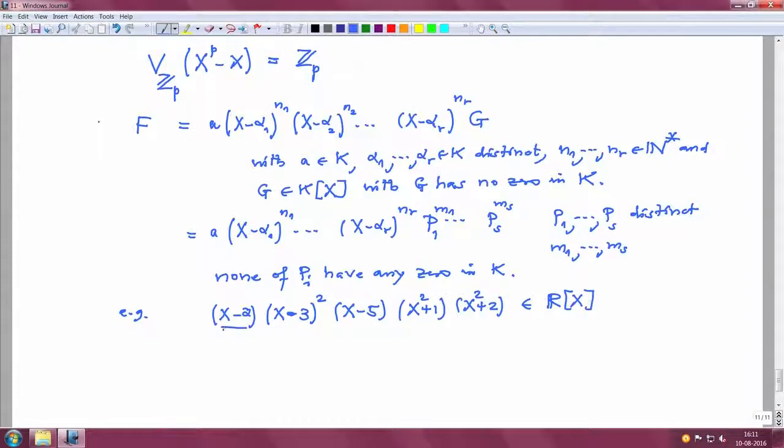These factors correspond to the zeros 2, 3, 5. The multiplicity of the 0 at 2 is 1, the multiplicity of the 0 at 3 is 5, the multiplicity of 5 is 1. These others are prime factors, because these polynomials cannot be further decomposed into linear ones, because negative numbers have no square root in real numbers. Therefore, you can cook up any example with any configuration.